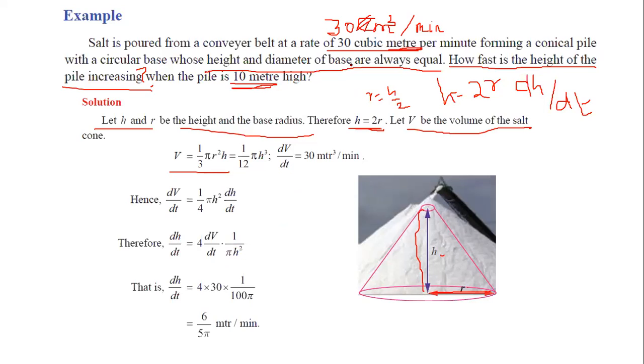You should not use different units for different values. In case the given problem is in centimeter and 10 meter is given, then you have to change it into centimeter. Okay, so here dh by dt we find is 6 by 5 pi meter per minute. That is the answer for this.